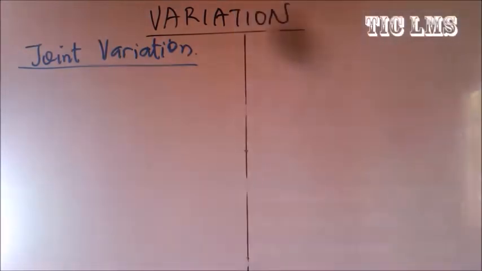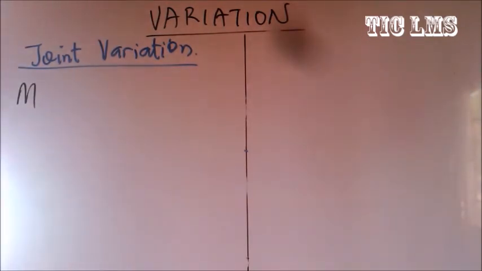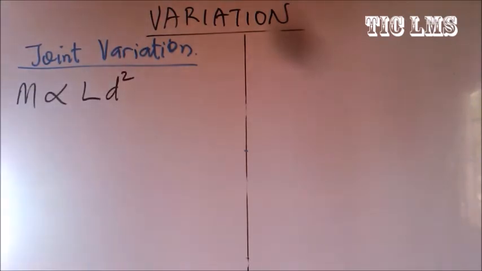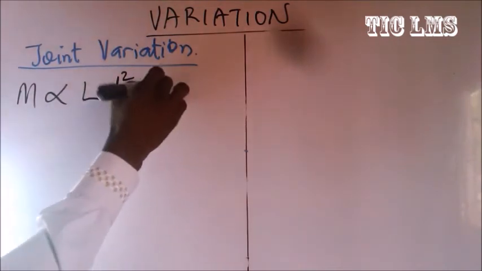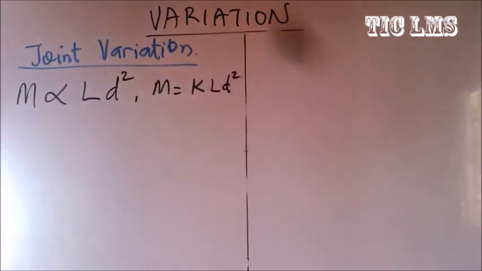Alright, so let's first interpret the equation. We're told that the mass of a wire varies jointly with its length and the square of its diameter. So the diameter squared. Okay, and so we'll have it as m equals to k L d squared.